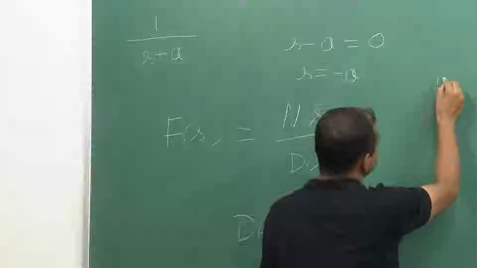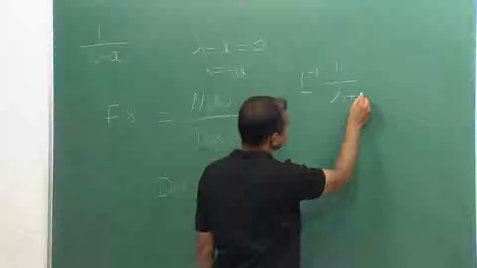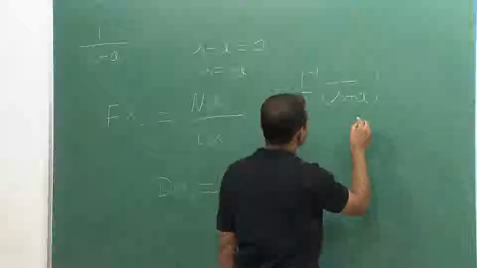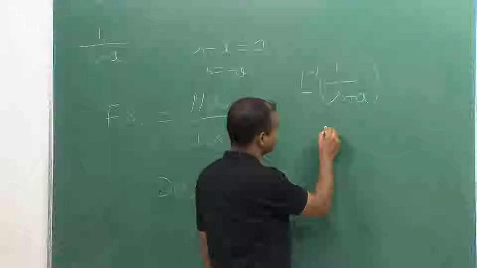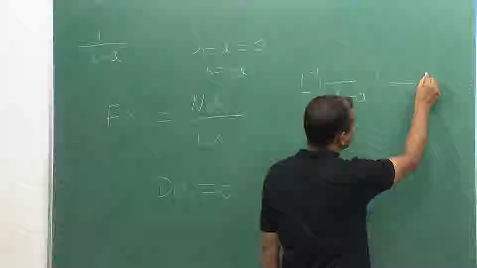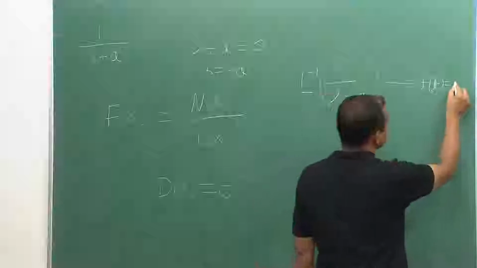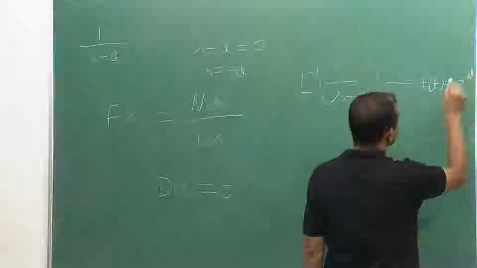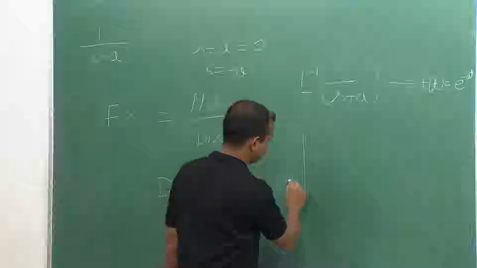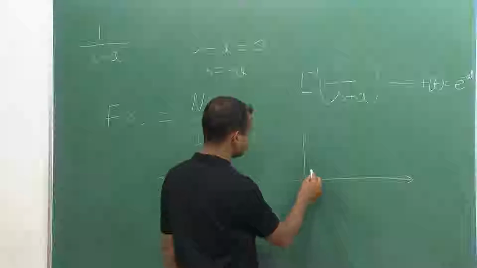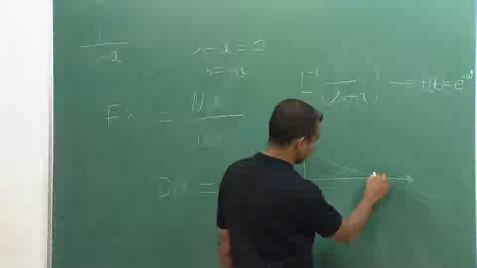If I take the Laplace inverse of this transfer function, suppose this is my F of s, then the f of t will be e to the power minus a t, and if I plot it, it will be something like this.